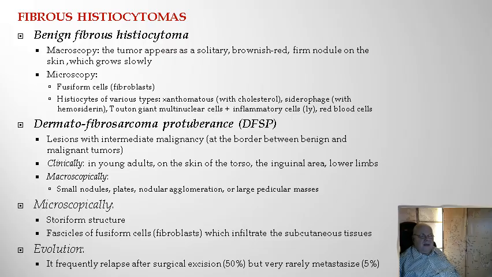They are called histiocytes, and they have obviously the role of local cleaning of the tissue, being macrophages. But they also can be involved in a tumoral proliferation, generating a separate group of fibrous tumors called fibrous histiocytomas.